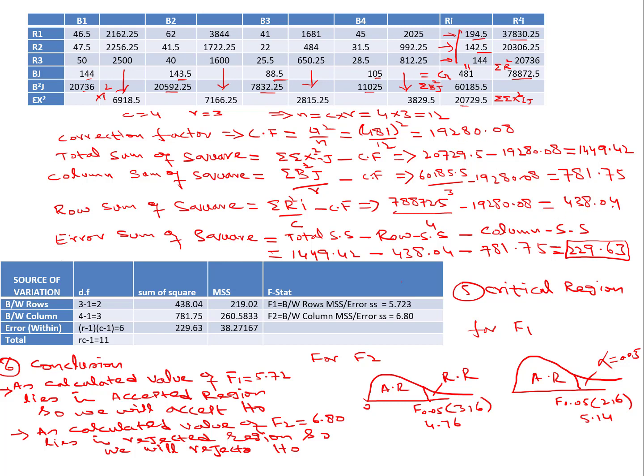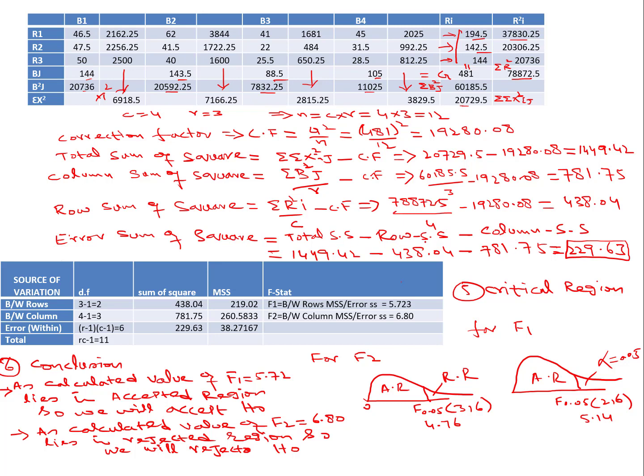So this is 438.04. Now we need to calculate the error sum of square. You remember in one-way ANOVA we used total sum of square minus treatment sum of square. But now the formula has changed, because in that case we had only one independent variable and we denoted that independent variable with the treatment sum of square. But now we have 2 independent variables, one in the row and one in the column.